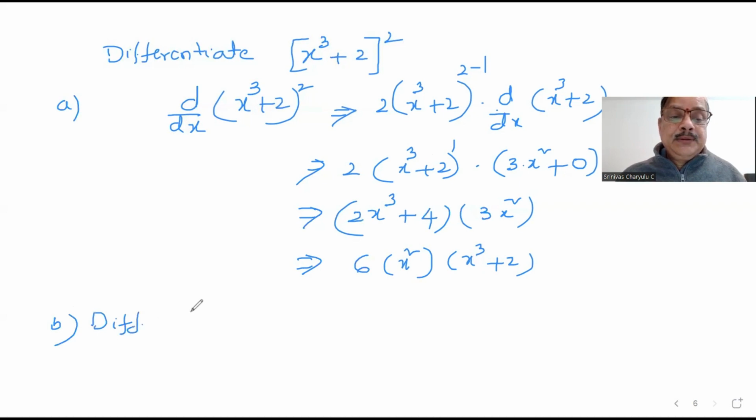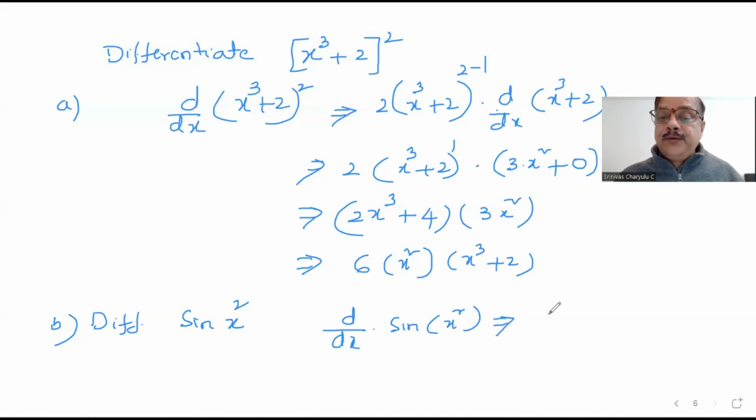Differentiate sine x square. So how do we do it now? d by dx of sine x square is equal to, first for sine we do cos x square, then d by dx of x square. Before sine, the angle is x square, for which we do 2x.